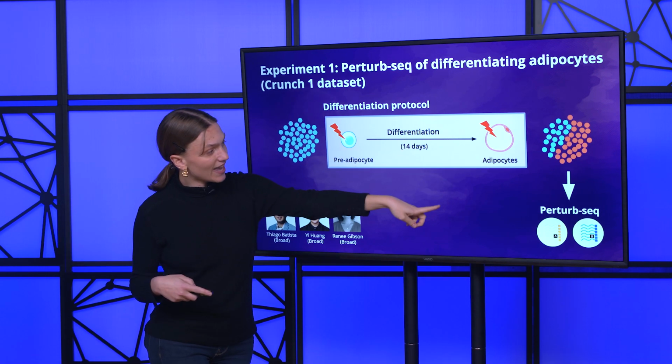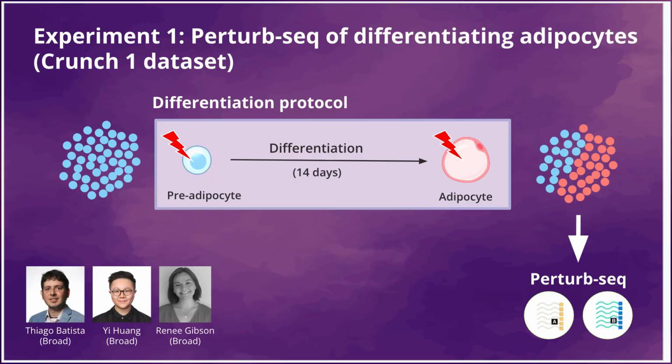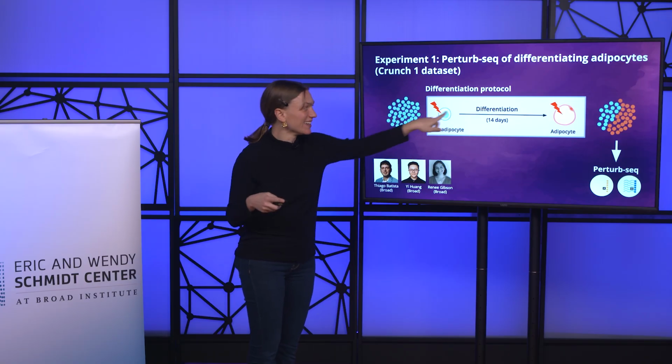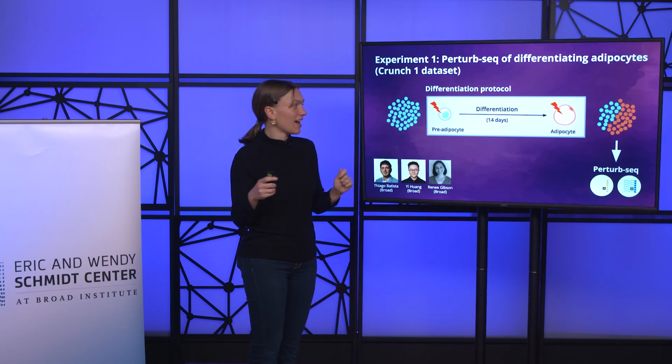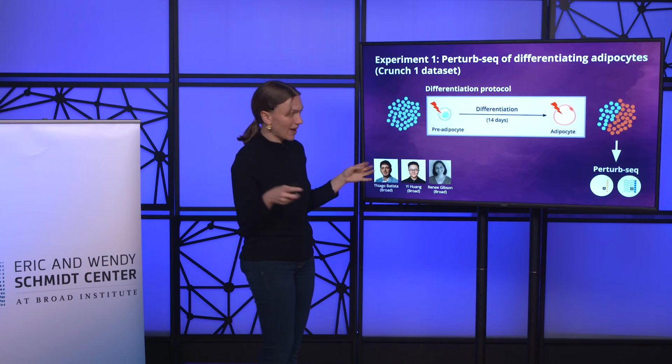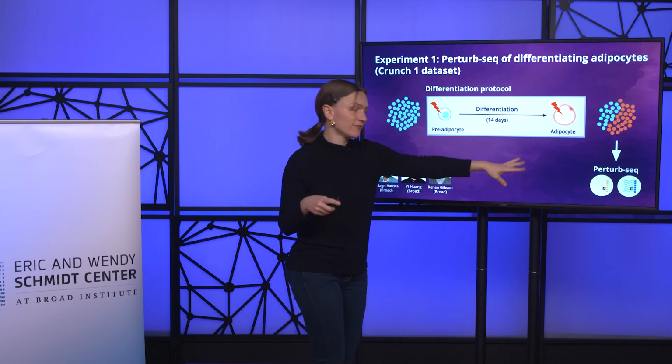And then finally, at day 14, performing the Perturb-seq experiment to both get the transcriptomes of the resulting cells at this day 14, but also know which gene was knocked out in each of these cells. So shown here is just an example with one gene, let's say the red gene, but in reality, they tried many different perturbations in a pooled format, and so every cell would receive a different gene.